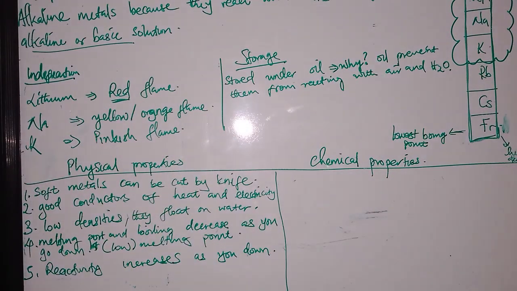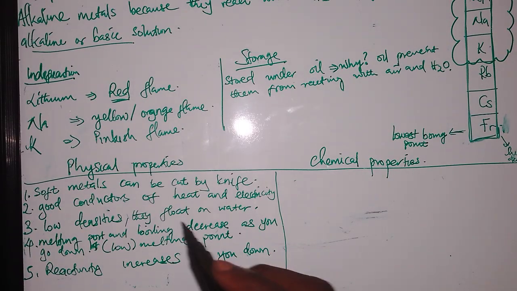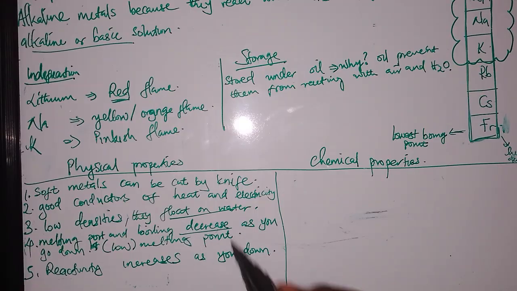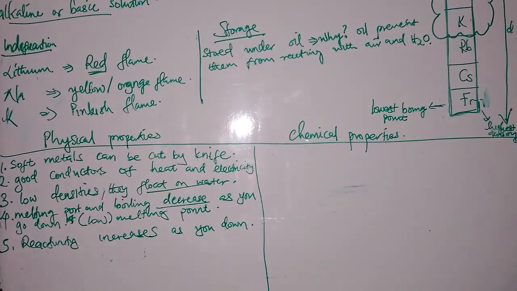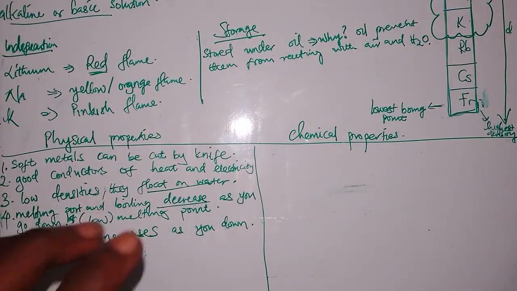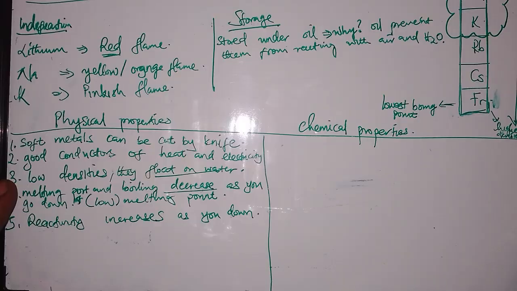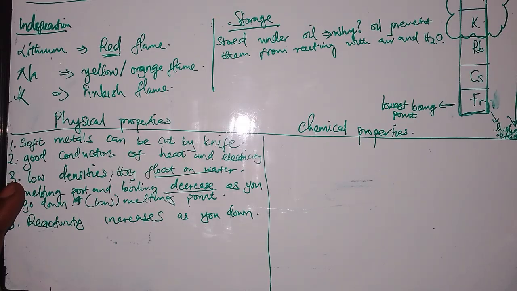These are the properties which they like asking. So you need to remember them: the boiling point, the density, and the reactivity. These three things are the most important physical properties, so you need to understand them very well.